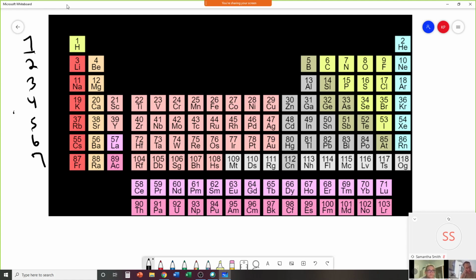Okay, here's the row numbers, and that's the period number. Everybody see that? Okay, so we have a row number. Now helium, we're going to move over here. So helium, for our purposes, belongs next to hydrogen.